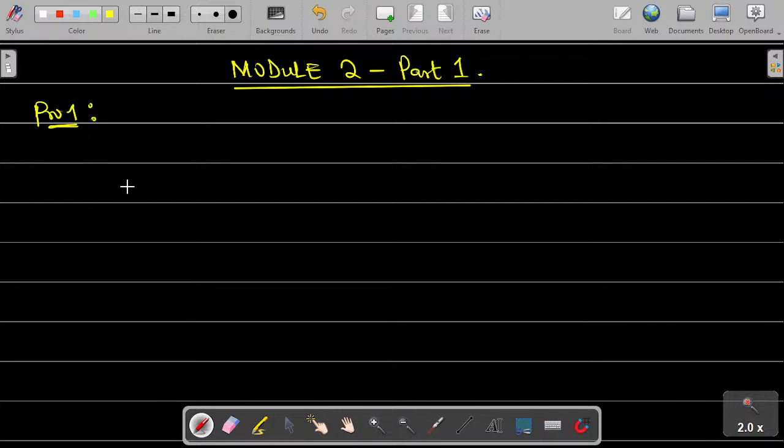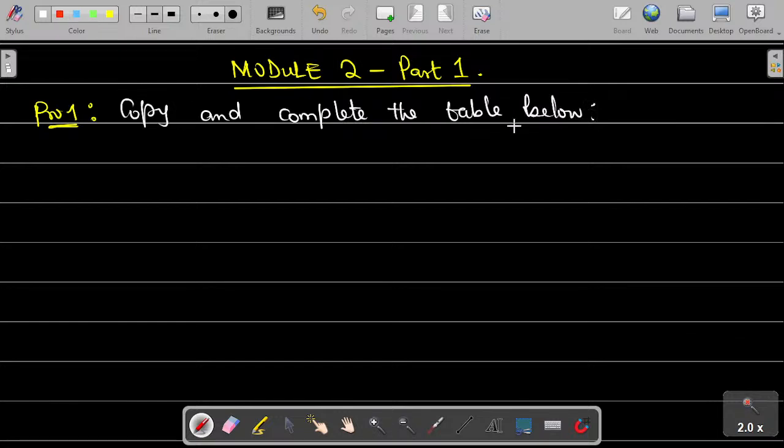Problem 1. It says copy and complete the following. Copy and complete the table below, and let me see if I'm able to show you the table.